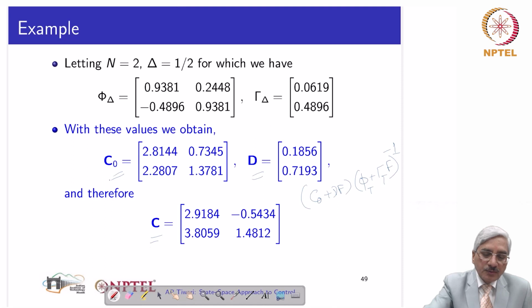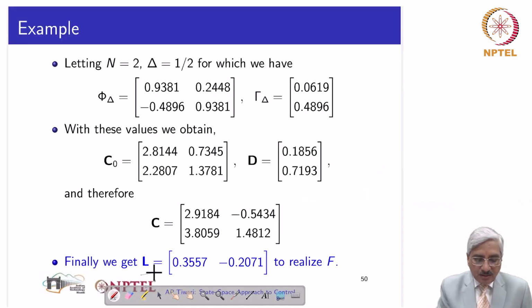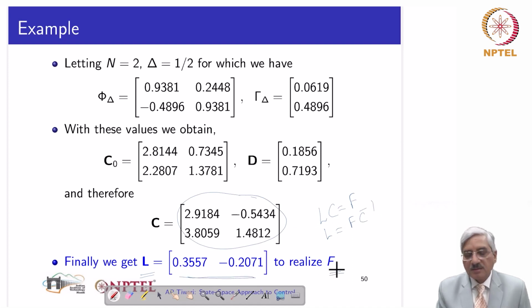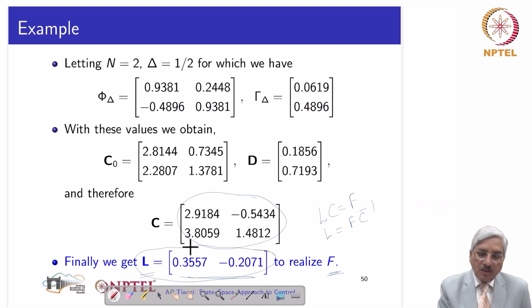And then LC equal to F. Here this C is invertible, so L equals F C inverse, and we get this. This will realize the same control characteristics as that obtained with the state feedback gain F, and thus we obtained the gains for the fast output sampling based controller for this continuous time second order system with one input and one output.